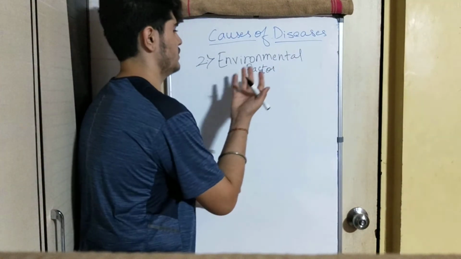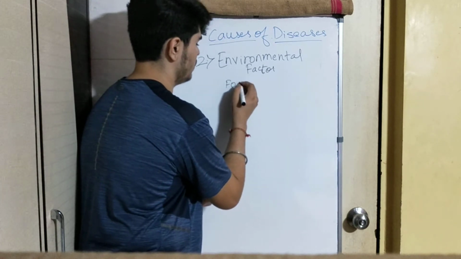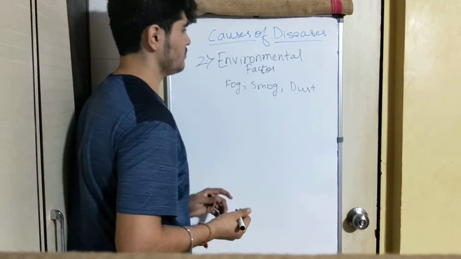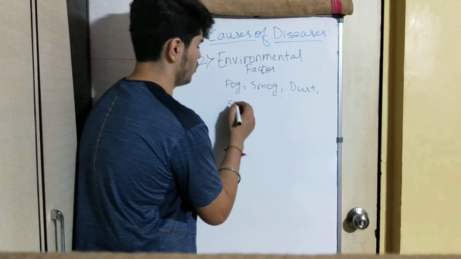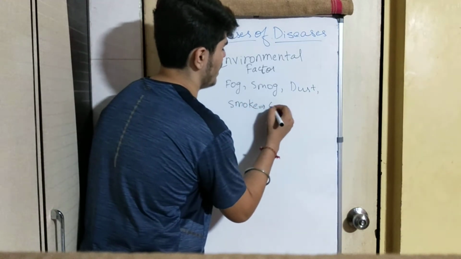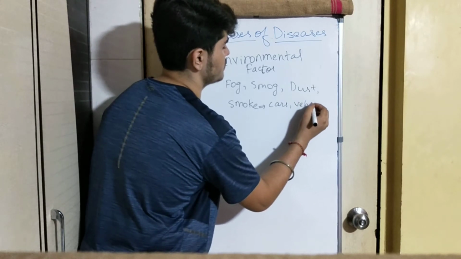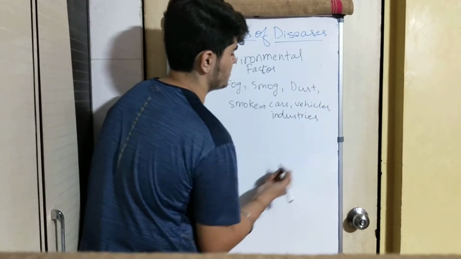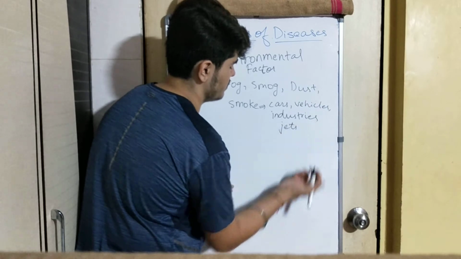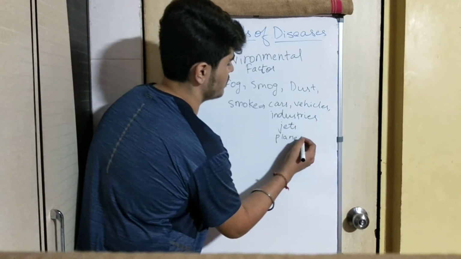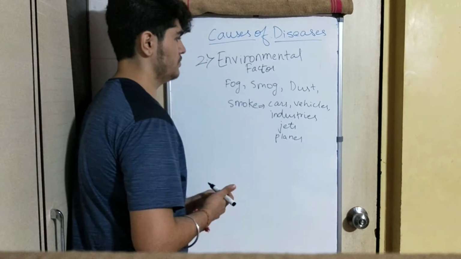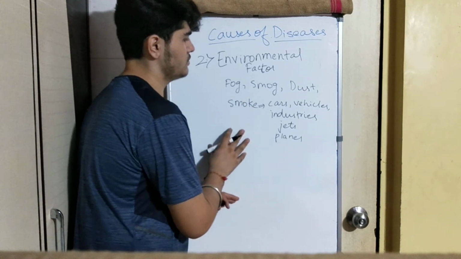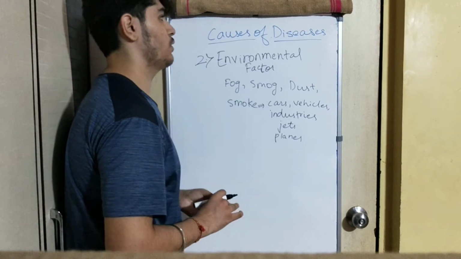This is due to fog, smog, dust, many things, smoke from cars, vehicles, industries, and then jets, planes, etc. So these all are the main reasons due to which you can catch a disease.